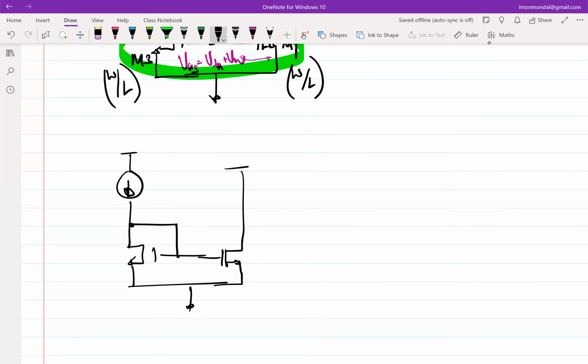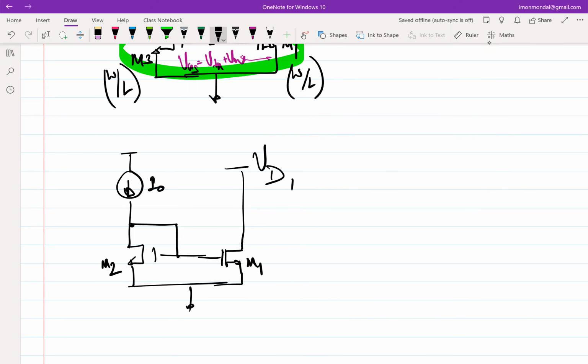Let's assume this is some voltage, being set by whatever. So VD1. Normally when you do small signal analysis, you assume there is a quiescent point, and any deviation from the quiescent, you treat as incremental, right?